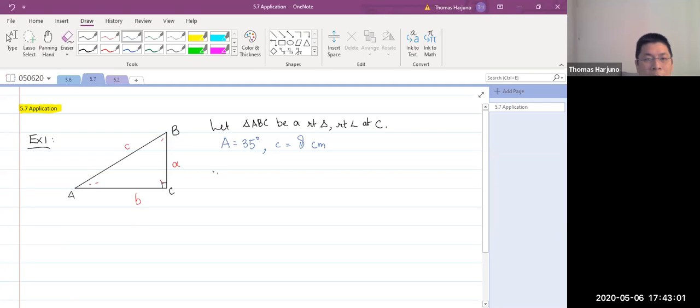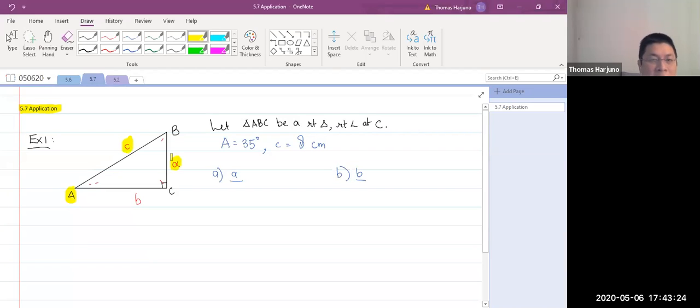Then how do I find a? Part A, find a. Part B, find b. So we have angle A and side c. Suppose I need to do part A, find the length of side a.